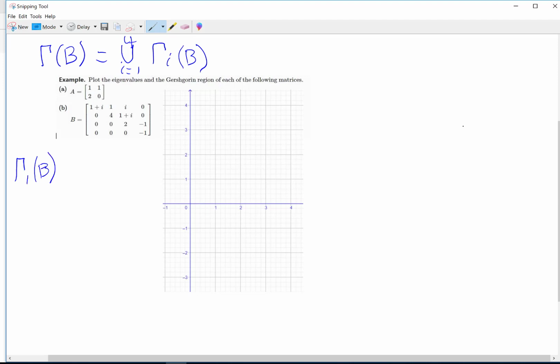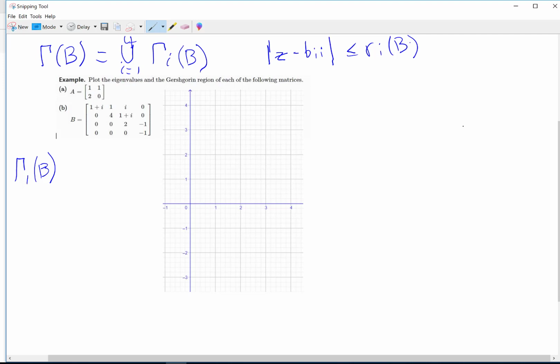Well, basically what we need to know is that each gamma i of B satisfies the absolute value of z minus b_ii, less than or equal to R_i of B. So that's the lowercase b, the diagonal entry of matrix B. That's the center of the circle.